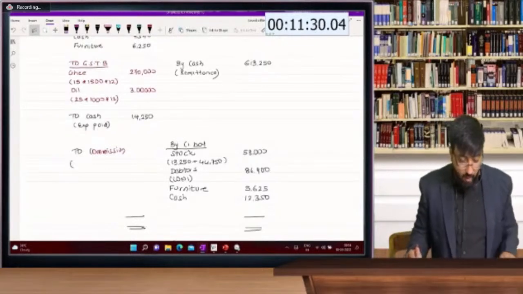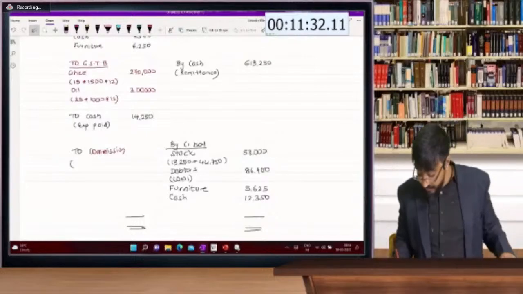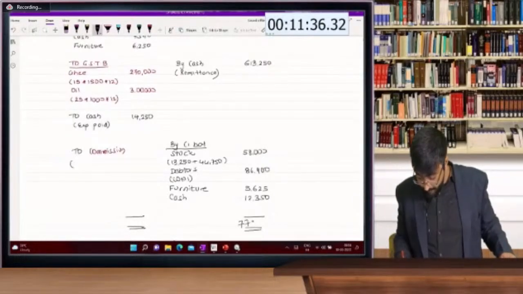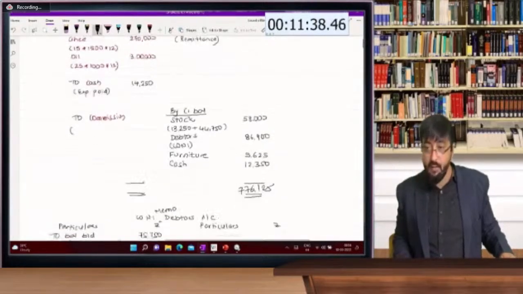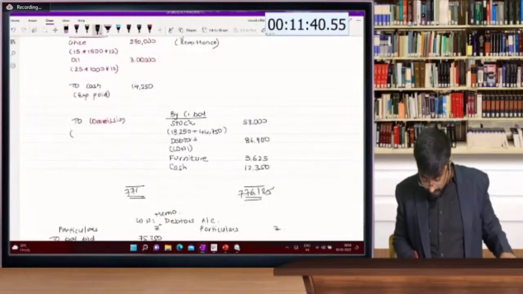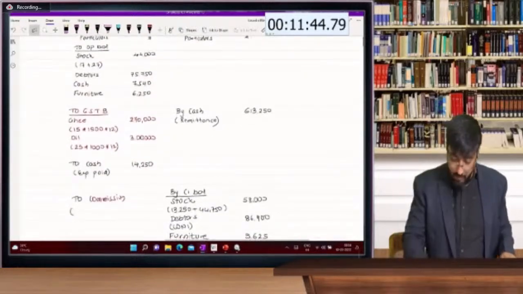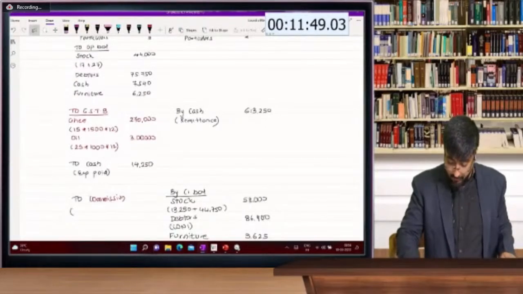I'm getting 776,125. 776,125 minus 44 minus 75.75 minus 7.54 minus 6.25 minus 270 minus 300.